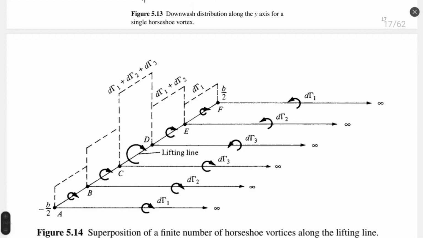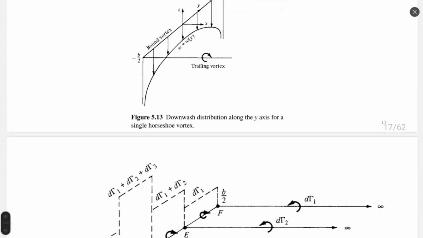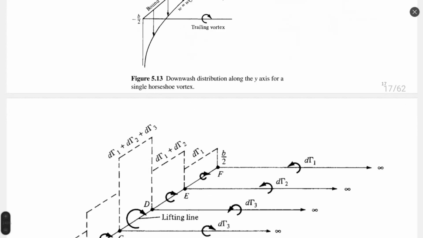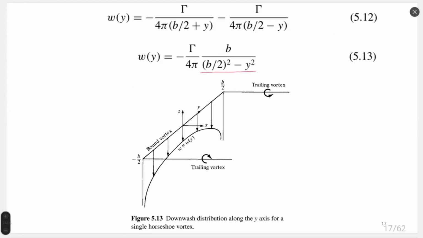This happens because we have just a constant value of gamma on this vortex. Since gamma is constant, it means that the lift over the wing is constant.